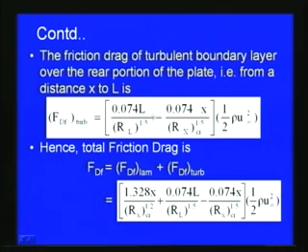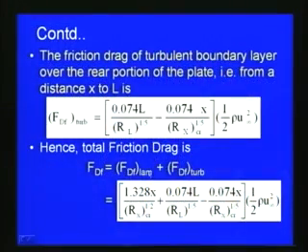This is as far as the turbulent boundary layer is concerned, minus 0.074 x Rx critical to the power 1 by 5 into half rho u infinity square, where u infinity is the free stream velocity and rho is the density of the fluid. So, x is this critical location. This expression gives the friction drag for the turbulent boundary layer, and then the total friction drag is FDF laminar plus FDF turbulent.